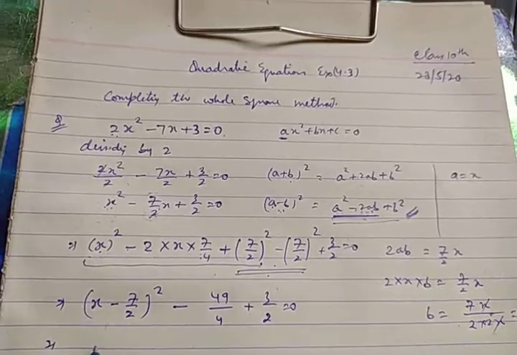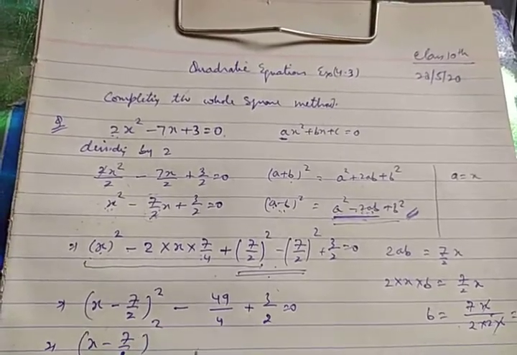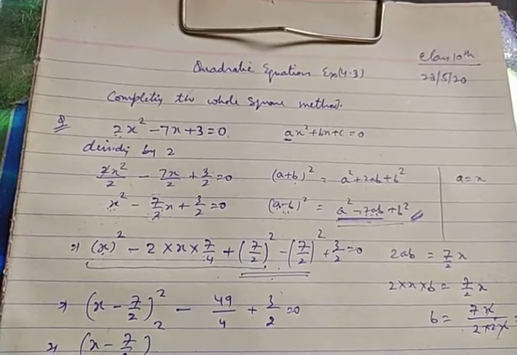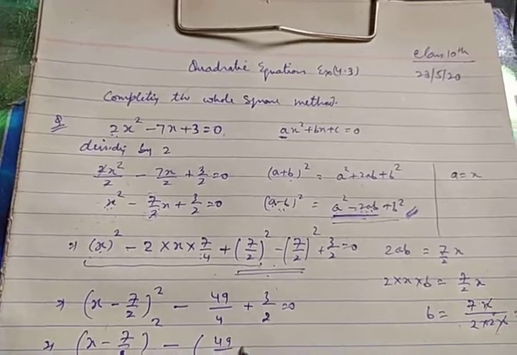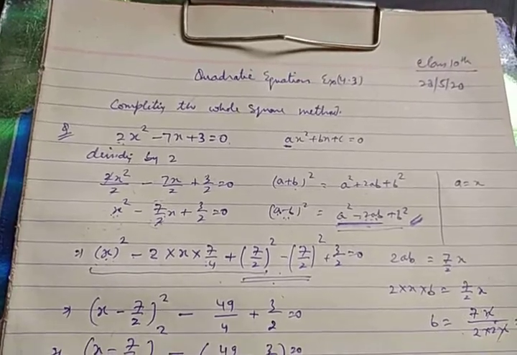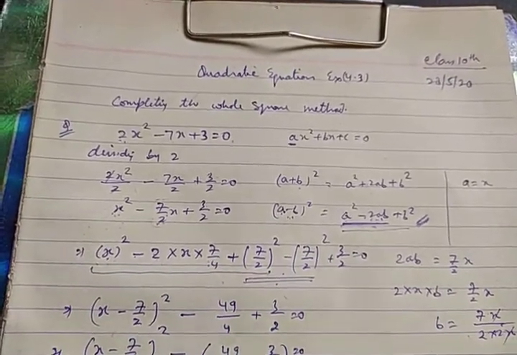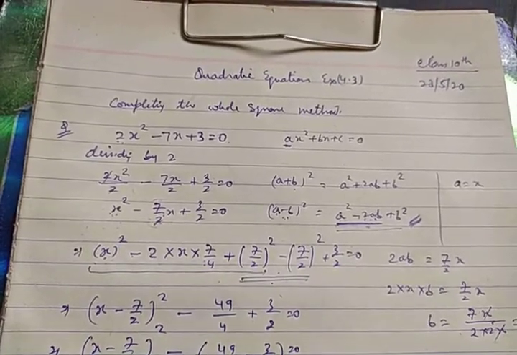Further simplify this. X minus 7 upon 2 whole square. Take LCM. Take minus common: 49 upon 4 minus 3 upon 2. Now simplify with the help of LCM. X minus 7 upon 2 whole square minus, this will become 4, 49 minus 2 into 3, 6.